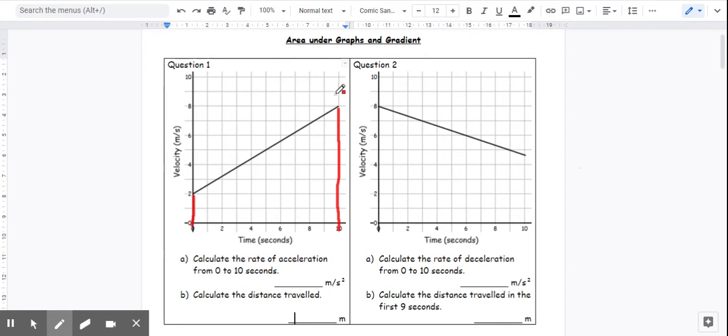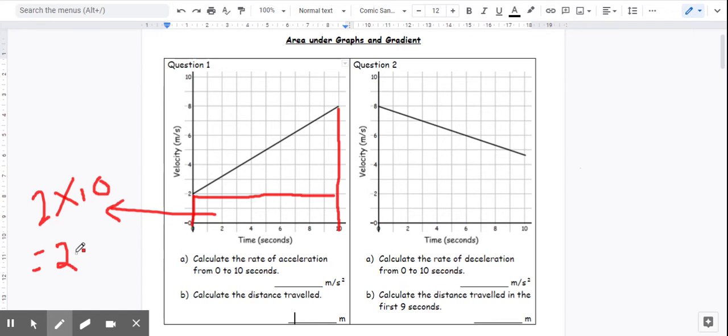Either we can see this as the area of a trapezium and calculate it, or break it down into basic shapes. So I have broken it down. The area of this rectangle would be 2 times 10, because the height of the rectangle is 2 and the length of the rectangle is 10, which would be equal to 20.